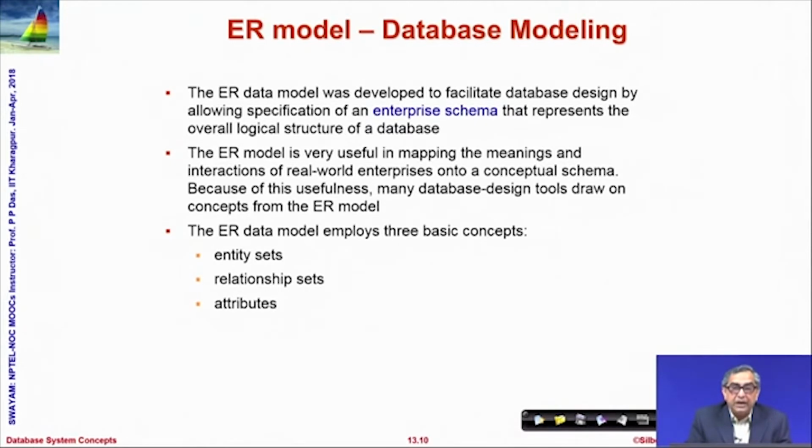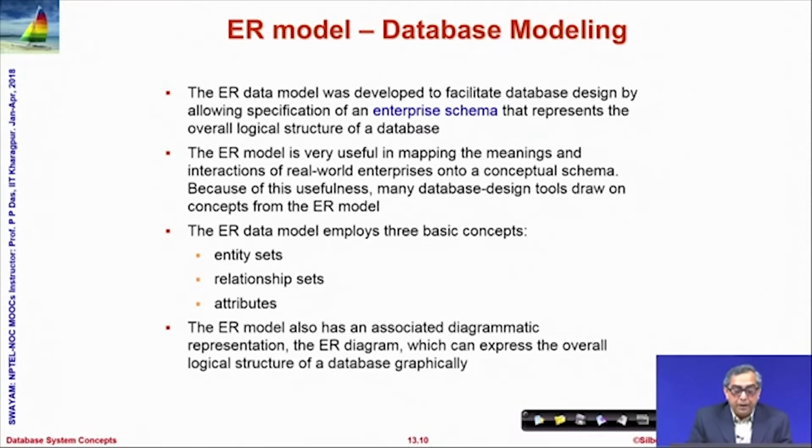Instructor is an entity, collection of instructors is an entity set. So, all entities in an entity set will share the same set of attributes. We will have relationship sets which define relationships between multiple entity sets, and certainly in the process we will make use of attributes. These are the three key components of an ER model. It also has an ER diagram, as we will show soon.